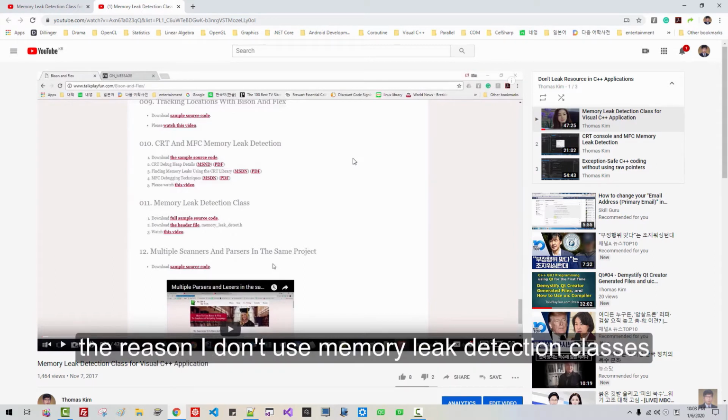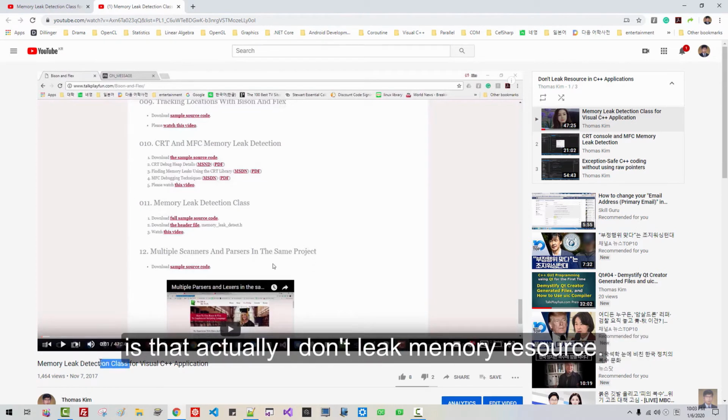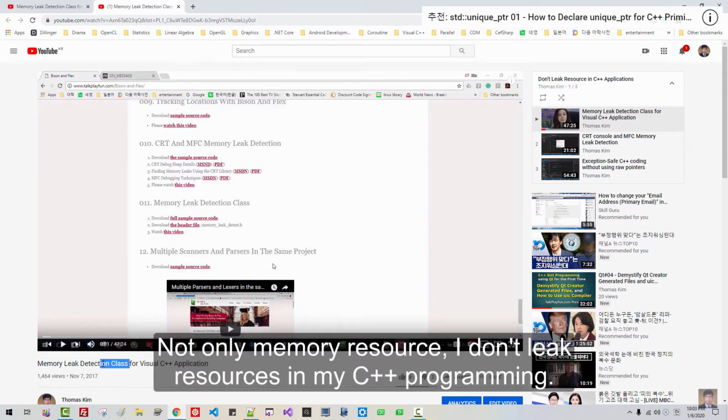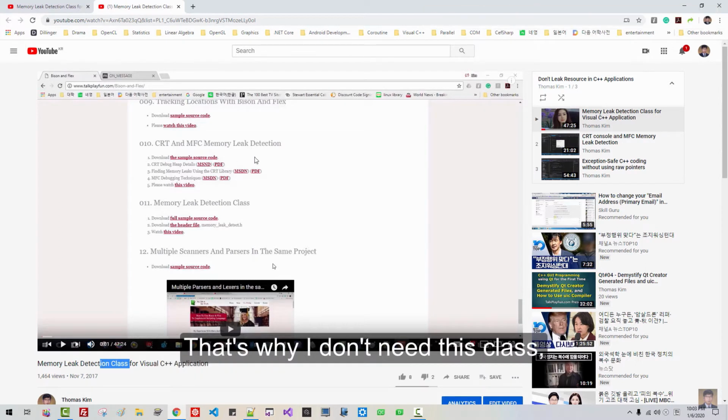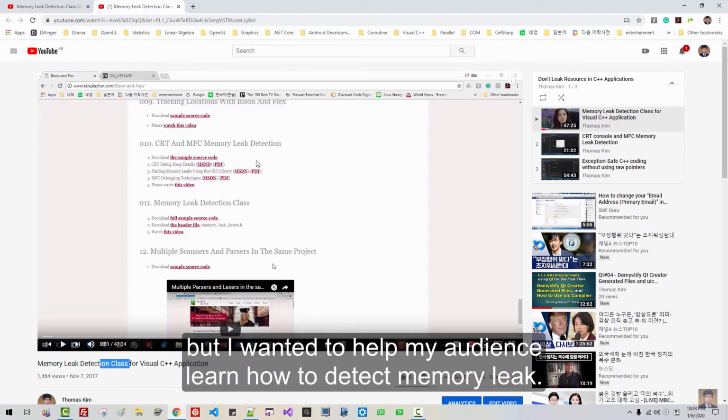The reason I don't use memory detection classes is that I actually don't leak memory resources. Not only memory resources, I don't leak resources in my C++ programming. That's why I don't need this class, but I wanted to help my audience learn how to detect memory leaks.